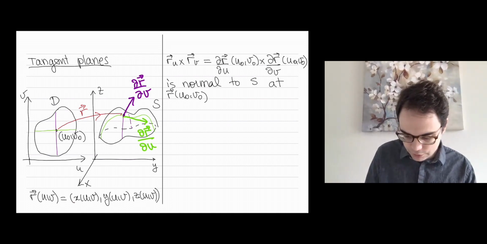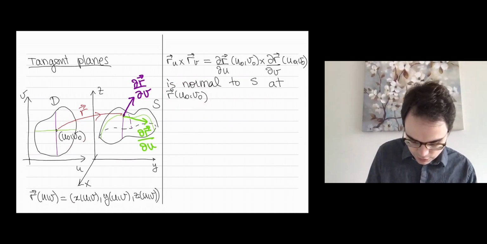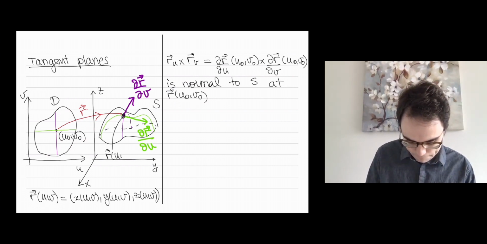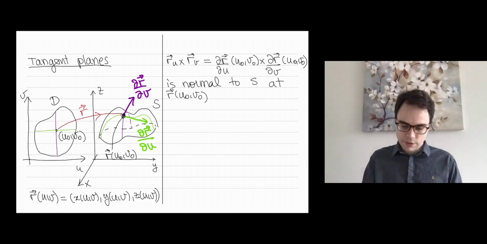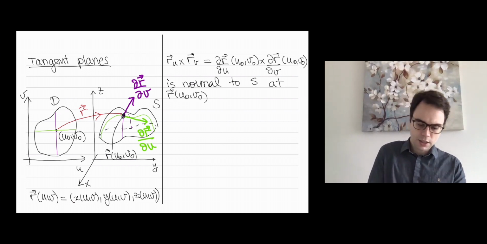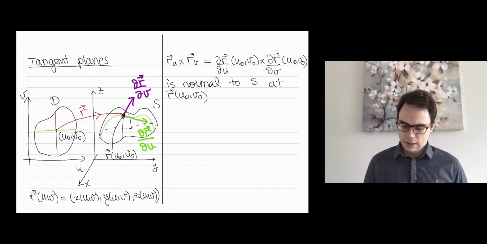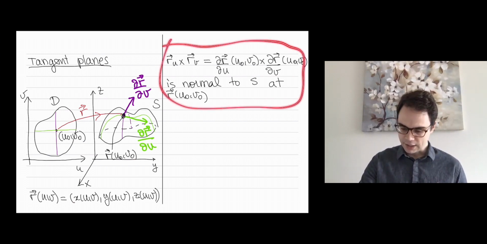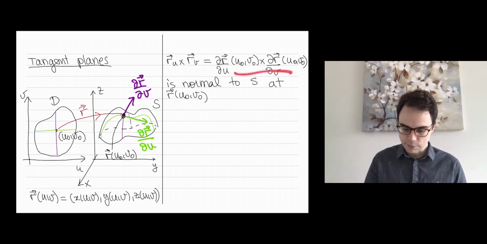Here, r of u0, v0 is the point on the surface that corresponds to this point on the UV plane. So my claim is that this cross product gives me a normal vector to this surface at this point.